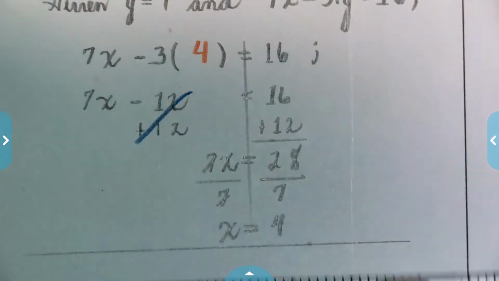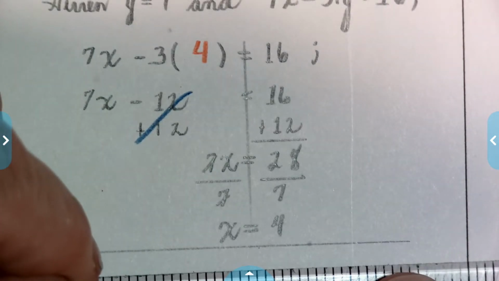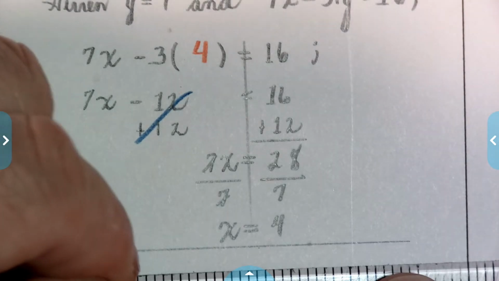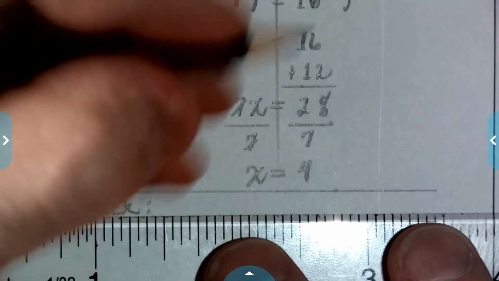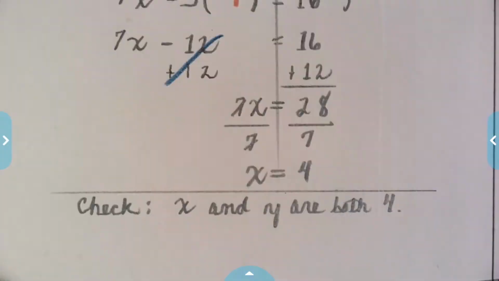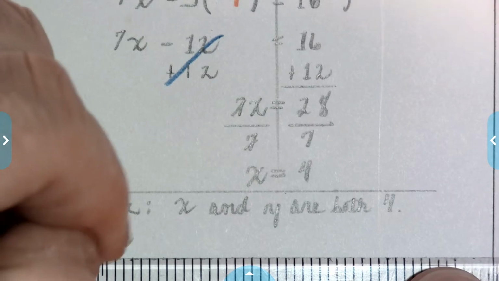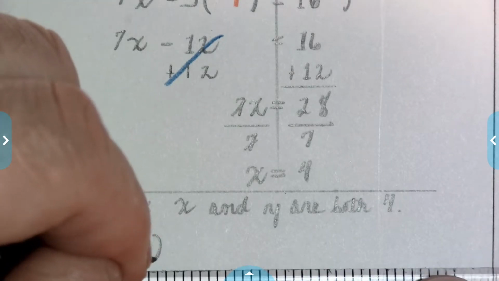So to check, we will just assume that x and y are both 4. So now we have 7, open parentheses, close parentheses.